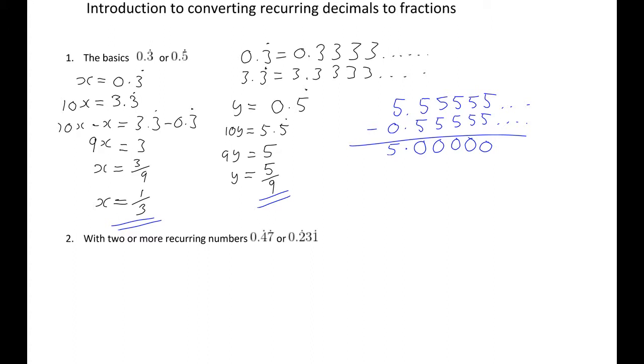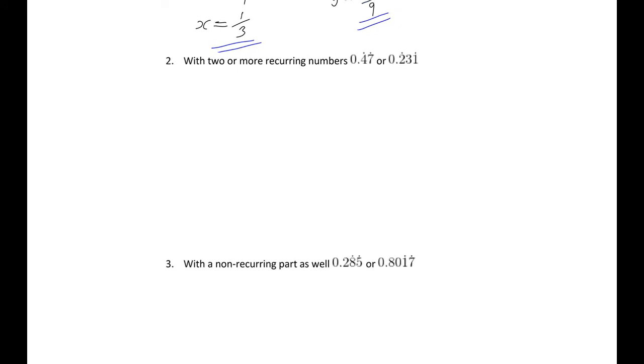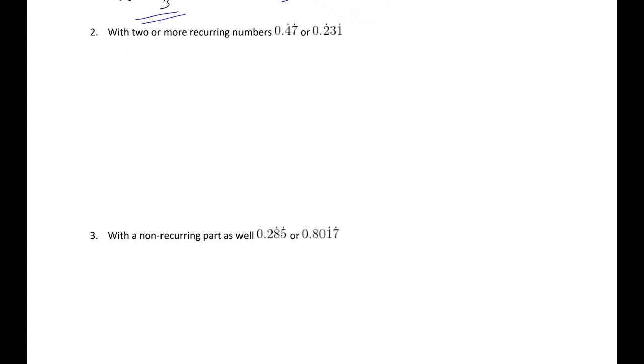So, let's now move on to the slightly harder ones. What do we do if we have 2 or more recurring decimals? So let's have a quick look at what that means. 0.47 recurring, and the dot above both of them means it's 0.474747.